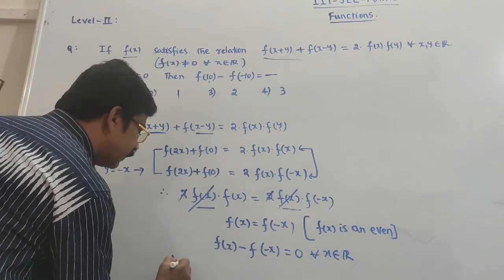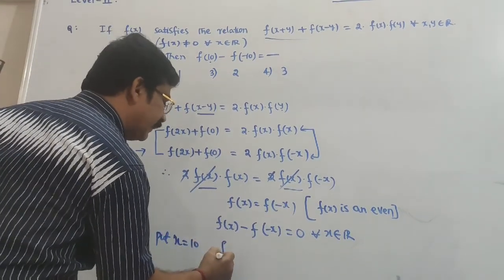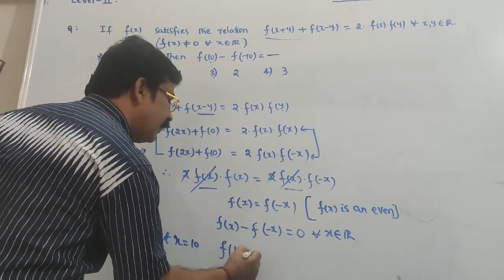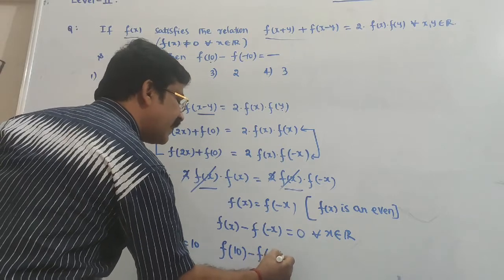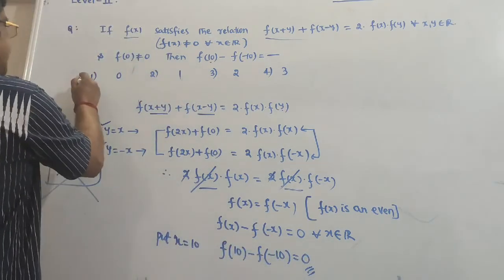Therefore f of 10 minus f of minus 10 equals 0. So the right answer is the first option.